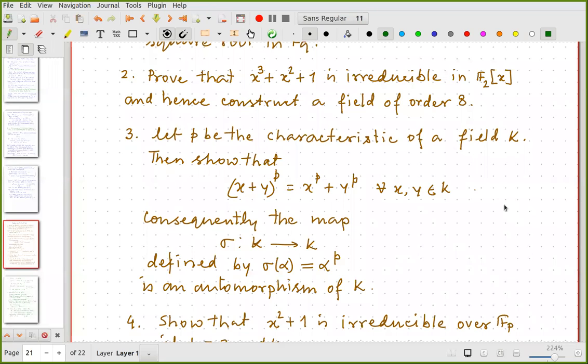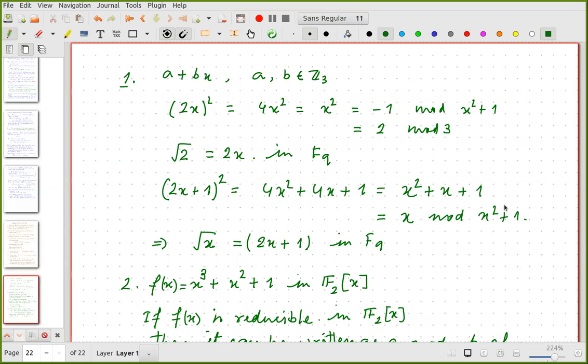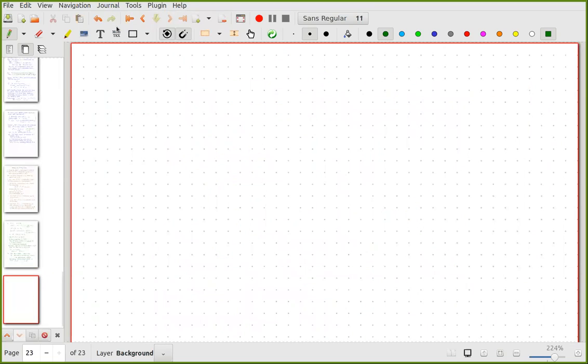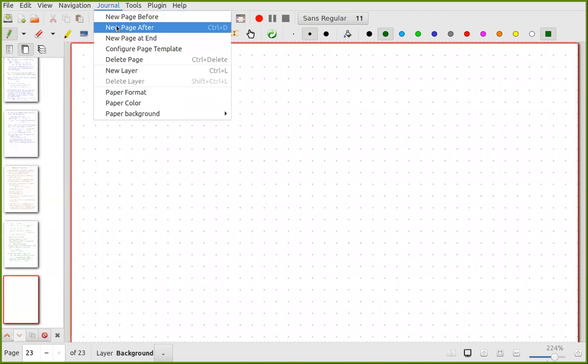It says that if P is the characteristic of a field, then (x plus y) to the P is equal to x to the P plus y to the P for all x and y coming from this field K. So this is not difficult, because it's just take this x plus y. I would just mention this as well. I just add a couple of pages.